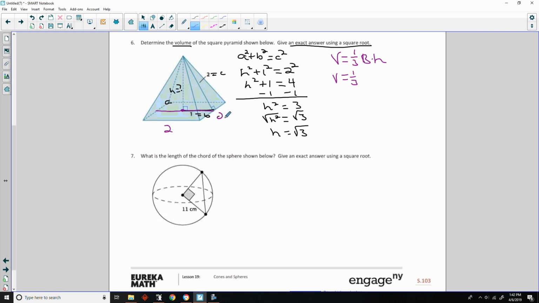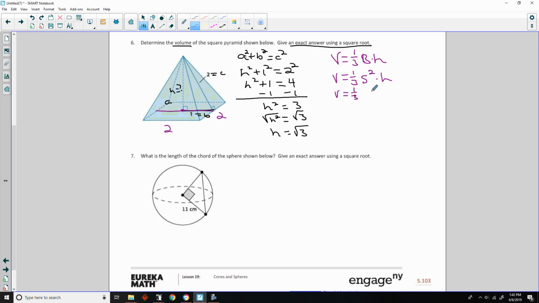So this is a 2 by 2 base. So my base area is S squared, because it's a square, times the height. So it's S squared times H. The area of a square is S squared. Now I substitute in all my givens.